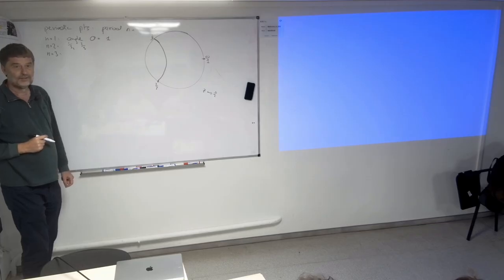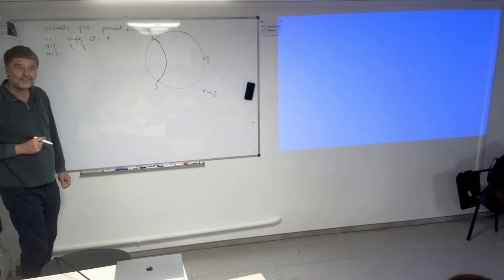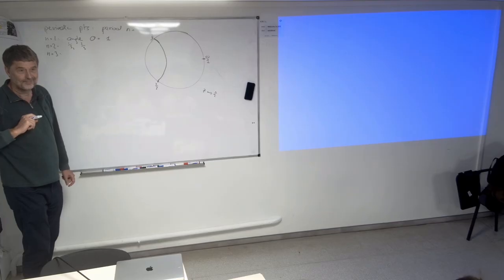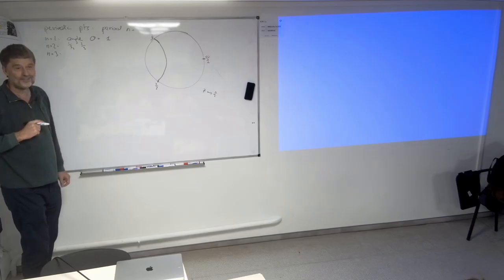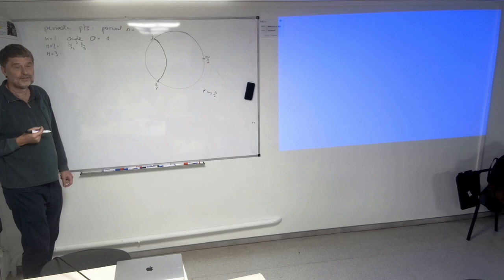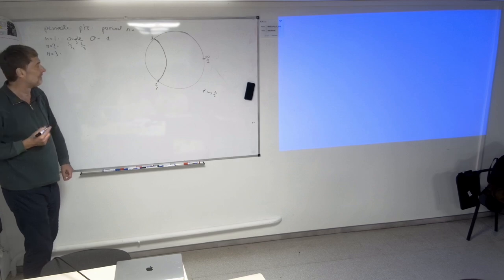Okay, so, period 3. How many points? Seven, more, not quite. I think 6. 6 is better.